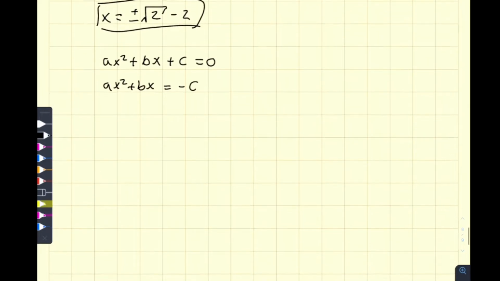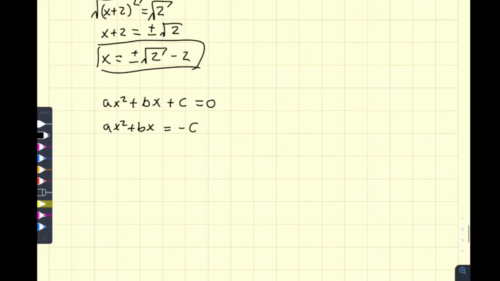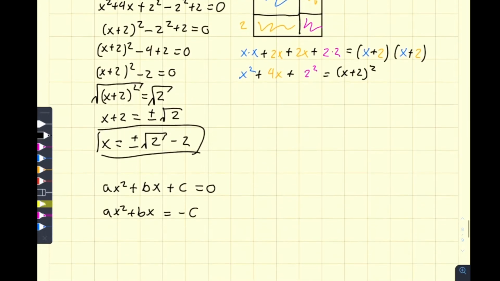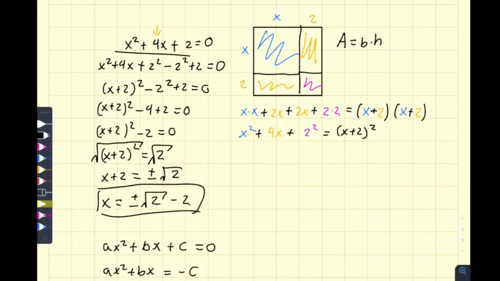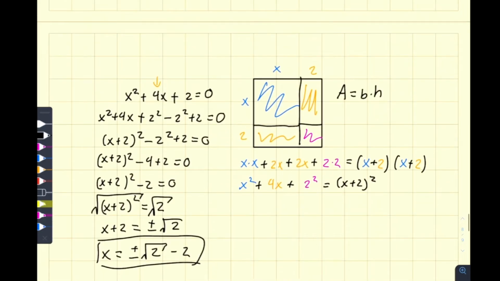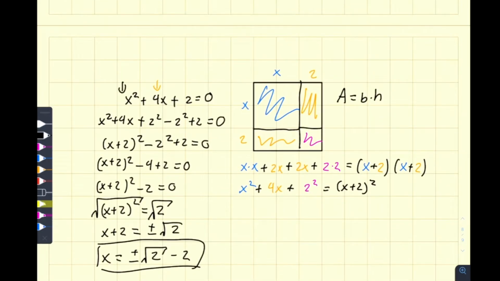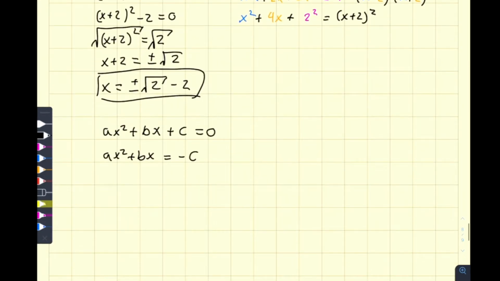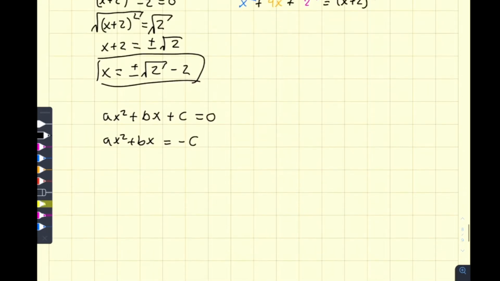So now we need to know something special about completing the square. It didn't show in this case, but when there is a coefficient on the x squared, it has to be factored out. So then this would be a, open parentheses, x squared plus bx.